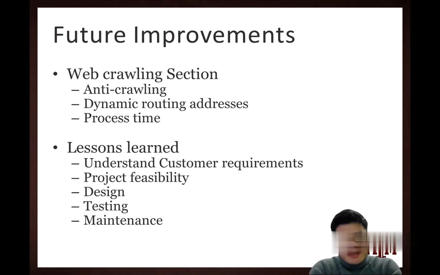Also, some websites frequently change their routing addresses, so we need to find ways to keep checking their updated addresses. And one more thing to optimize is the processing time.